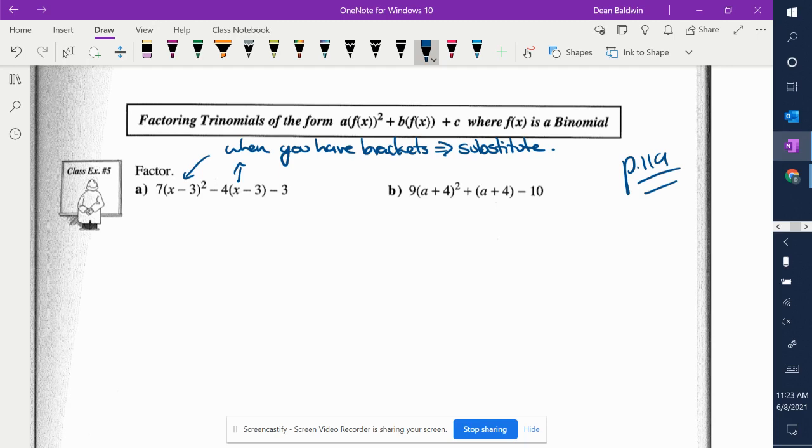Now, you can use any variable, anything you want. A variable's a letter.